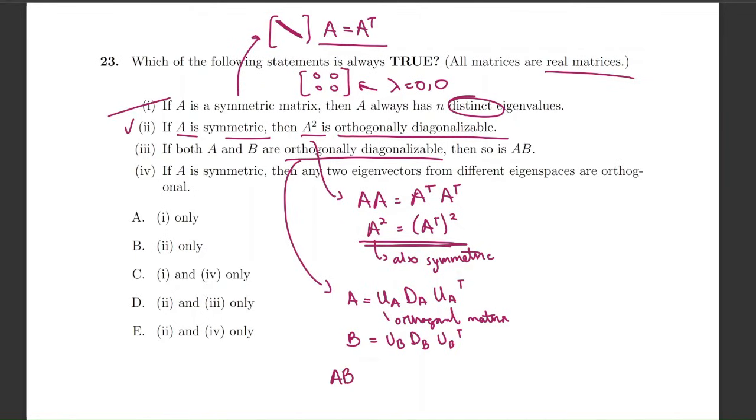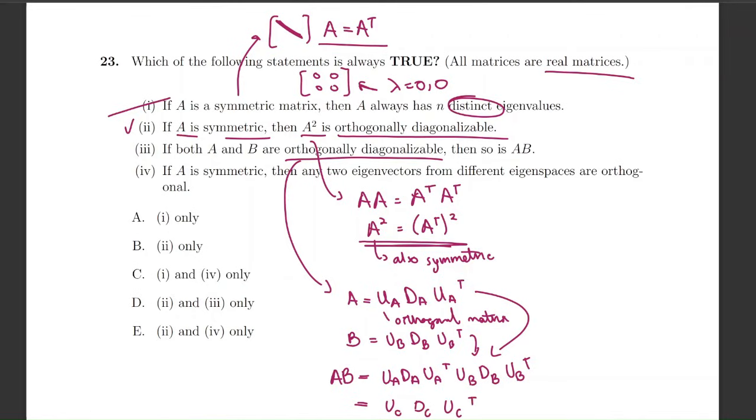Now let's look at AB. AB is equal to UA, DA, UA transpose times UB, DB, UB transpose, where I'm just plugging in A and B. When we look at this, it does not seem like it can be written in the form U times D times U transpose.